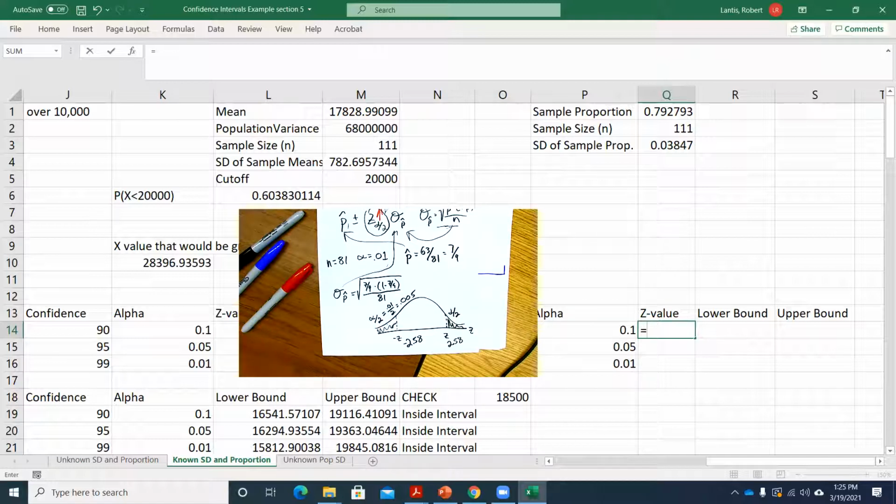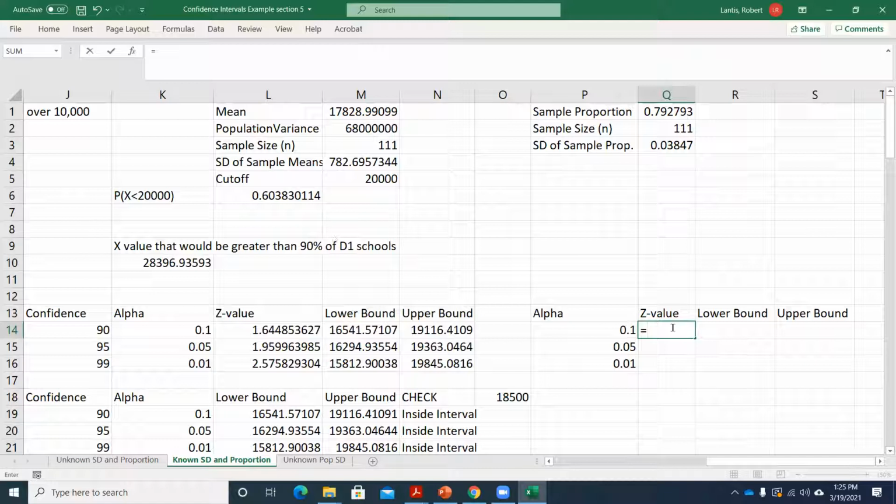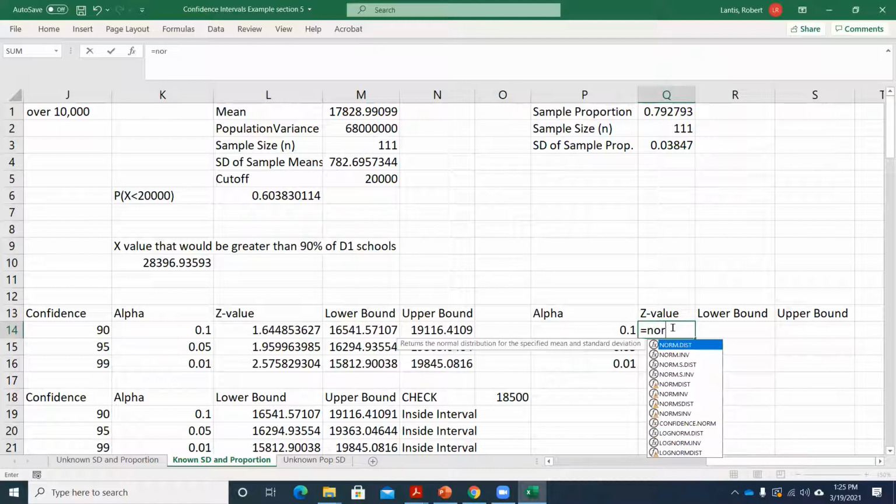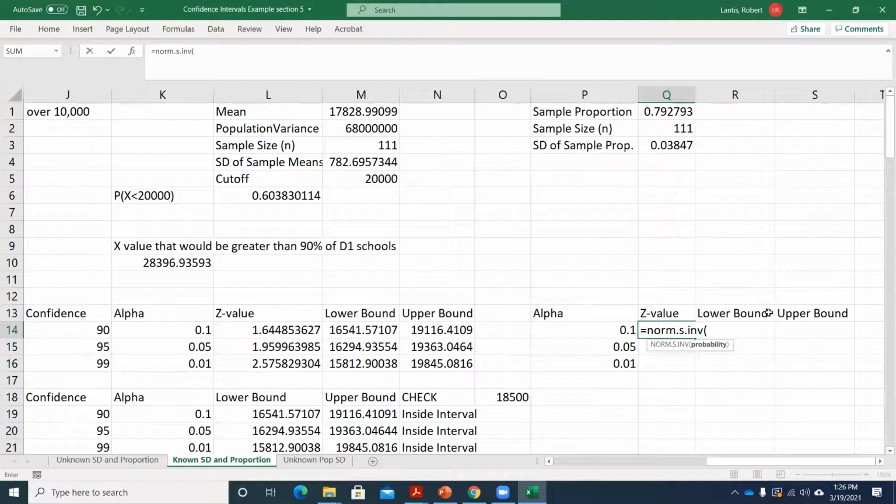What z-score would give that to us? Well, we're working in reverse. We know the area in the tail, we want to find the z-score. So NORM.S, right, we're dealing with z-score, standard normal distribution. And then .INV is where we know that probability, or that area in the tail, is alpha over 2, and we want Excel to give us a z-value that would give that to us. Okay.